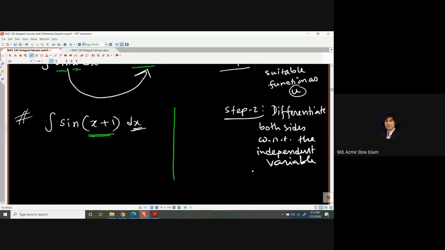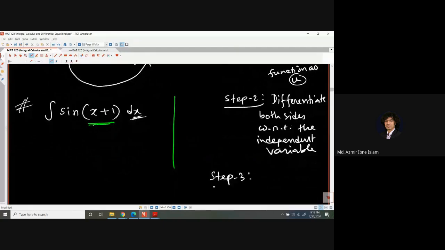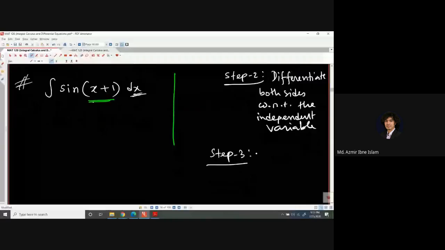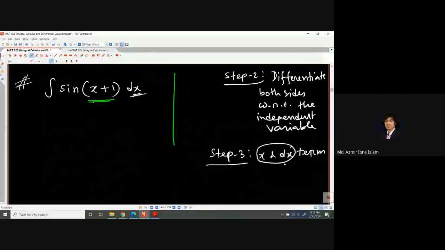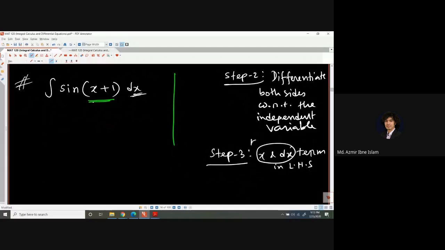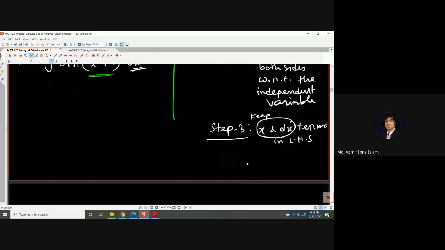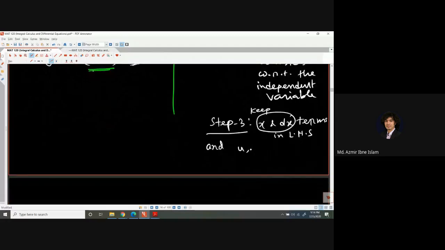Step 3: we have to keep x and dx terms on the left side, and u or du or constant terms on the right side.